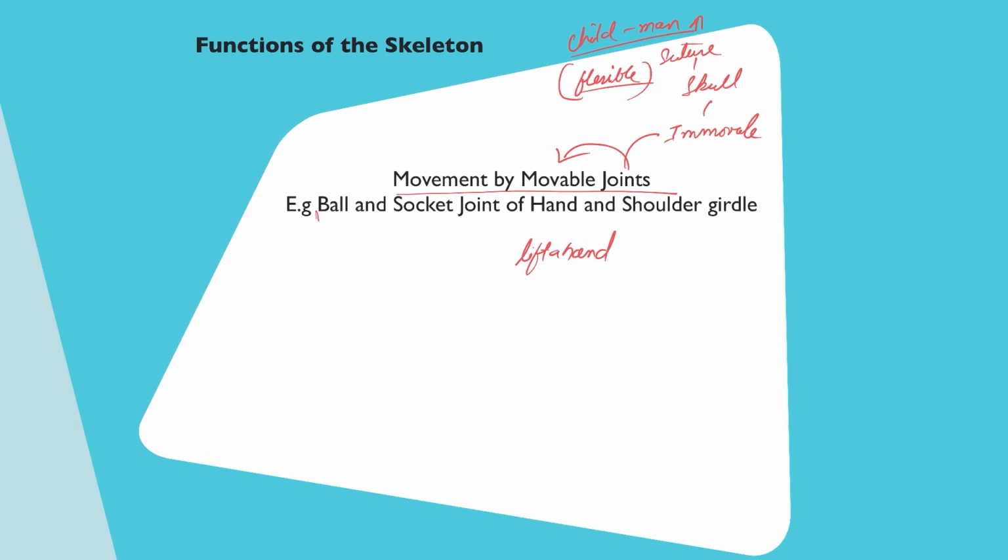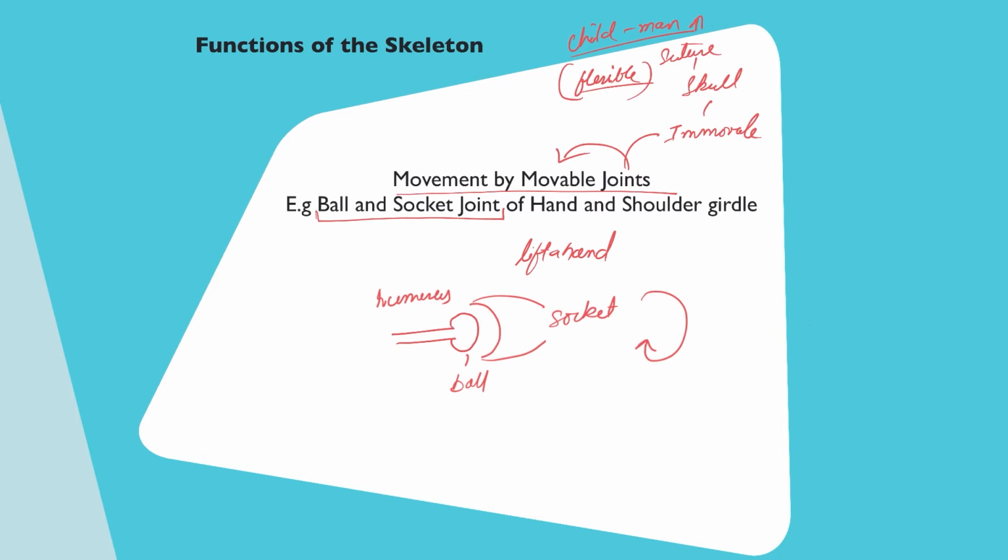One example is the ball and socket joint. So the bone of the upper arm, called the humerus, has an end that appears like a ball, whereas the shoulder bone appears like a socket, and hence we can move the ball in that socket and have various kinds of movements, right?